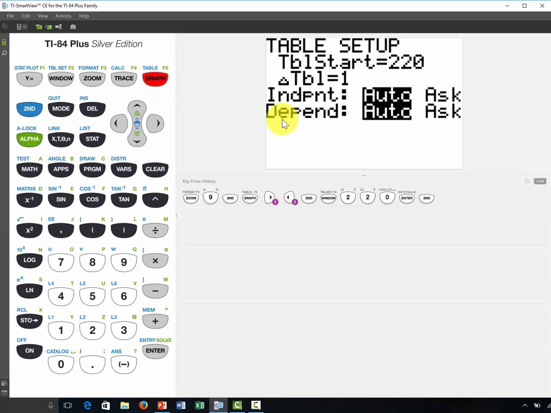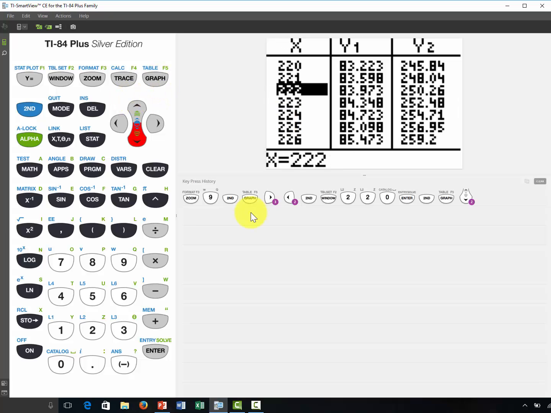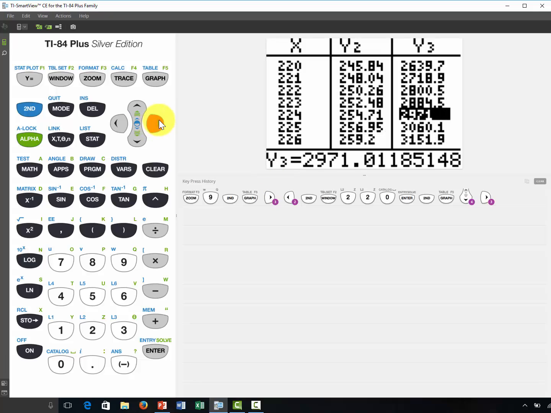So let's go back to table, second graph. When t equals 224, the linear model is predicting 84.72 million. The quadratic is estimating 254.71, and then the exponential was 2,971.01 million.